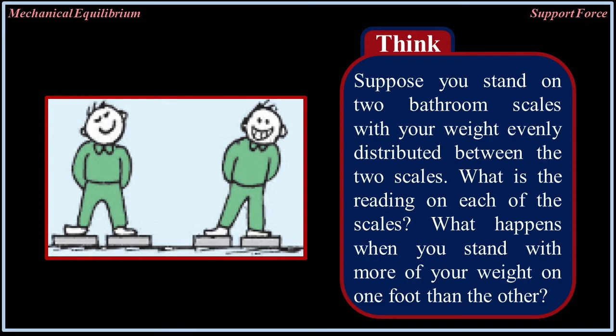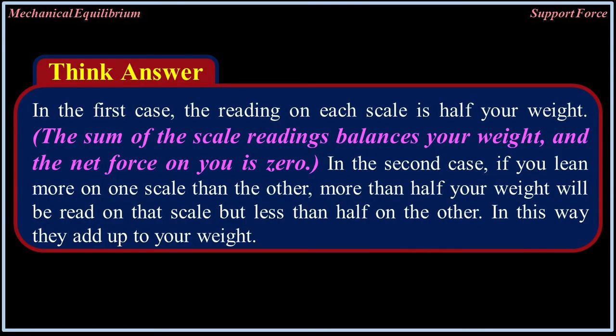Think. Suppose you stand on 2 bathroom scales with your weight evenly distributed between the 2 scales. What is the reading on each of the scales? What happens when you stand with more of your weight on one foot than the other? In the first case, the reading on each scale is half your weight.